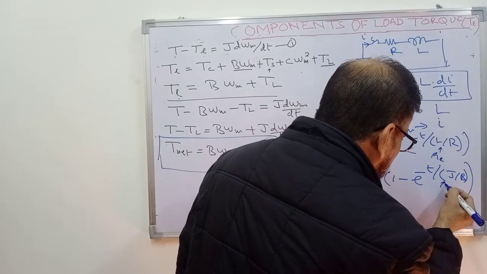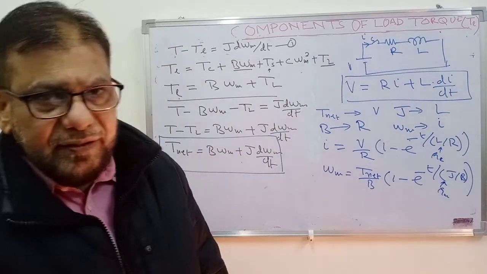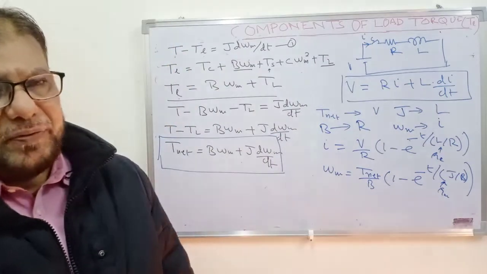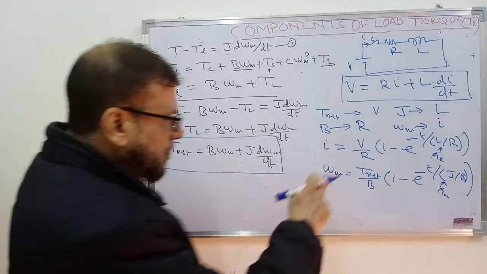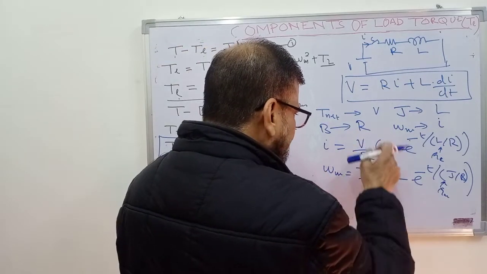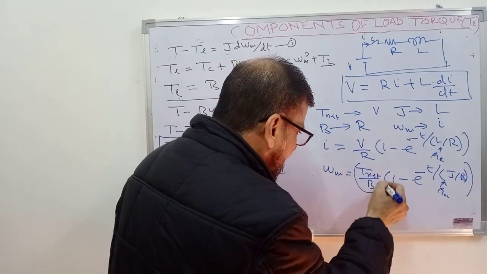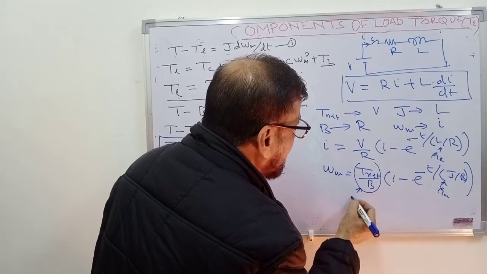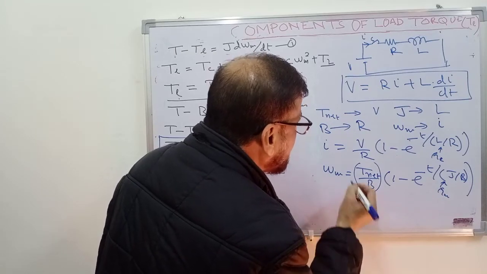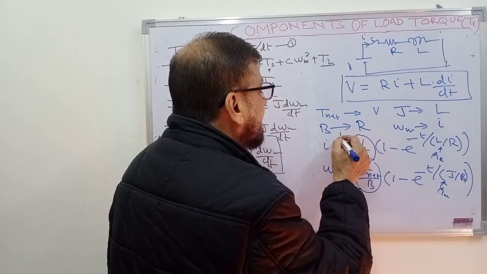You may call this constant tau m, which we may call the mechanical time constant of the system. This V upon R is the steady state current, so this T net upon B you may call the steady state speed. This V upon R we may call the steady state current IS.